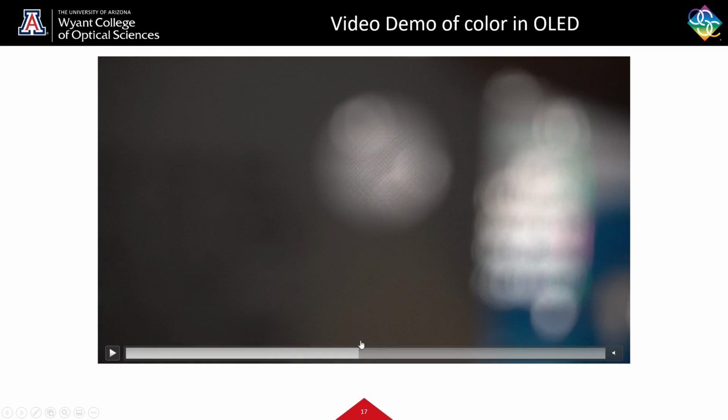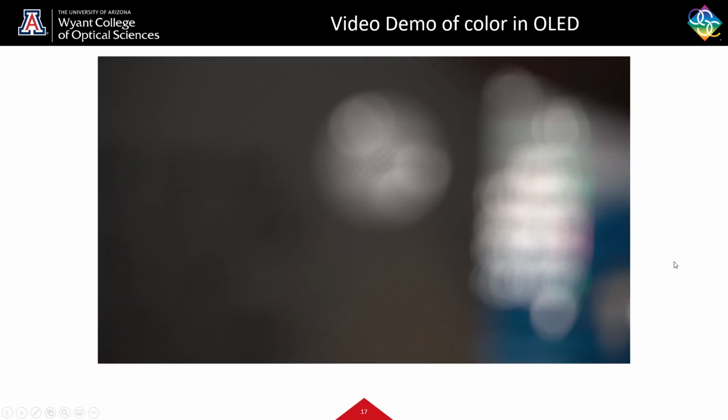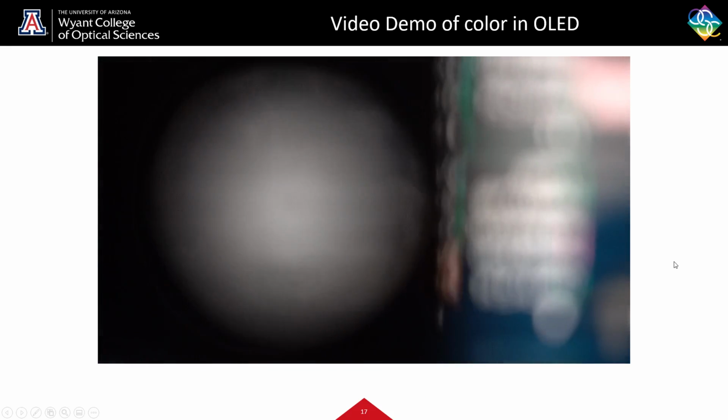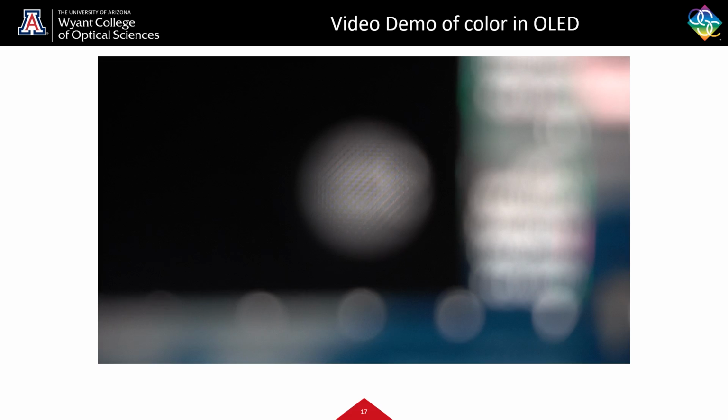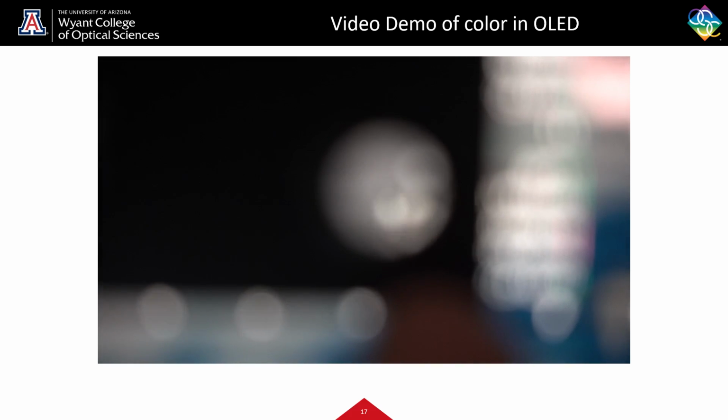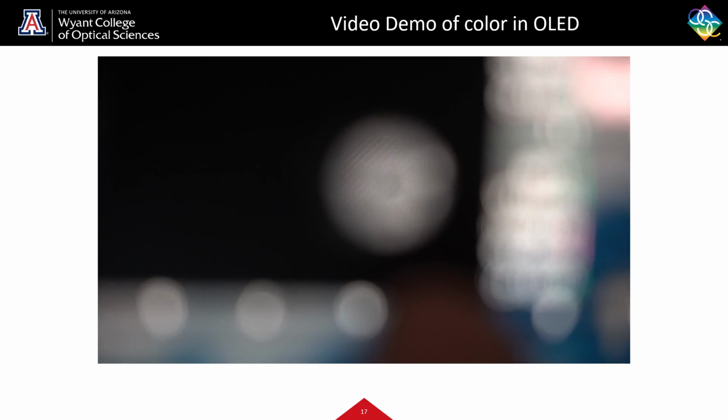So with this, you'll see that there's this sort of diamond pattern through the display. And that's because each individual organic component has its own smaller pixel, and it's a more compact way to get a higher density of pixels than with an LCD.